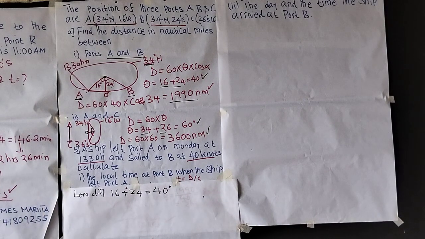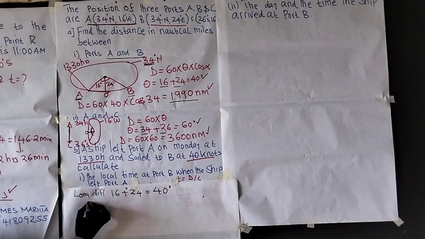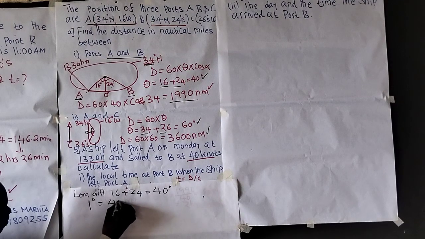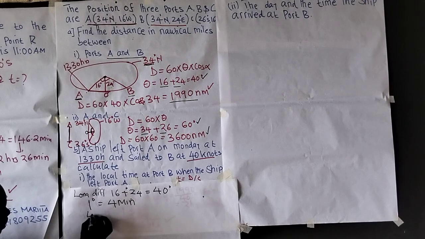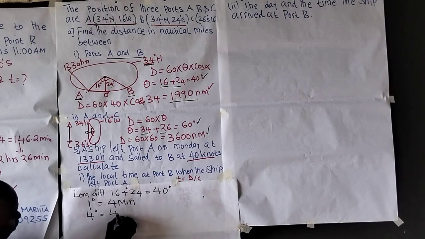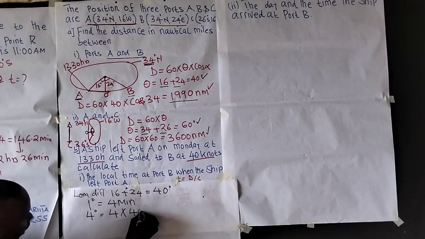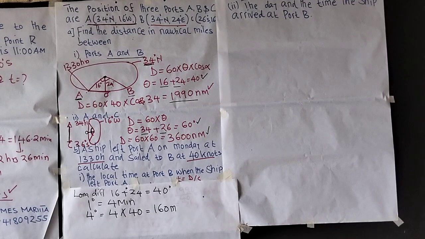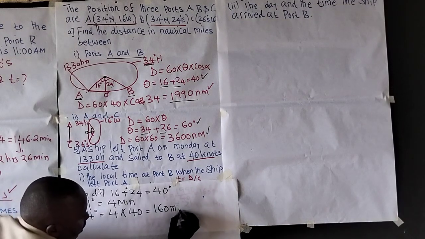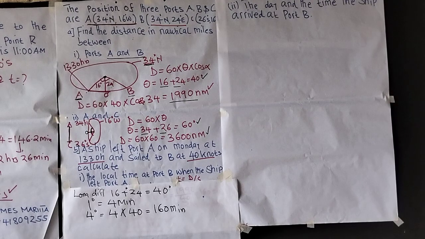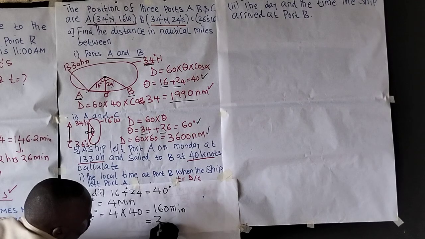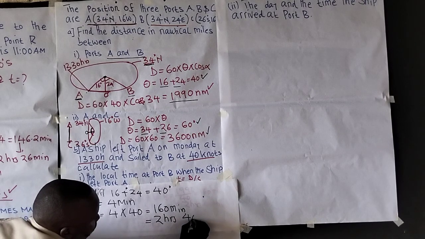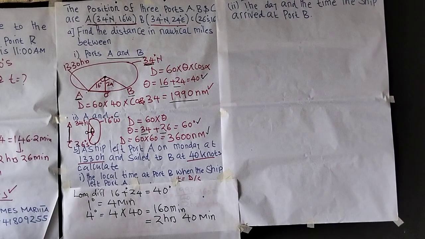We know that 1 degree is equal to 4 minutes. So 4 times 40 gives us 160 minutes, which can be converted to hours, giving 2 hours 40 minutes.